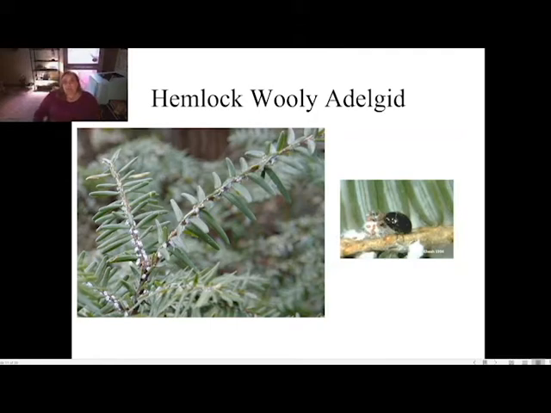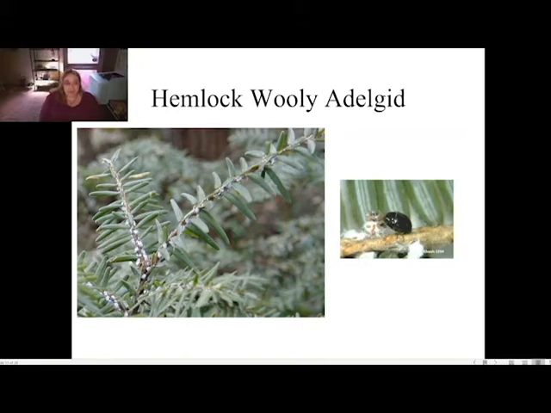So it will die, and that happens relatively quickly. Trees can die within a couple of years after the initial infection. You might notice, if you start looking, that many of the hemlock trees around people are having this impact even worse.